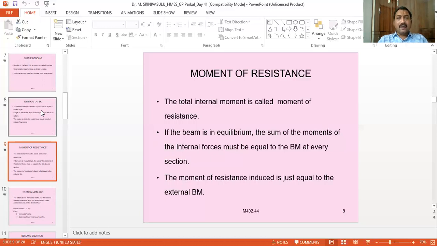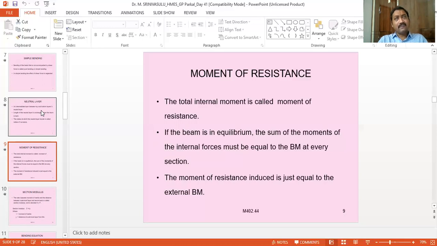The algebraic sum of the moments of all the forces about any point in the plane of the beam is called the moment of resistance.